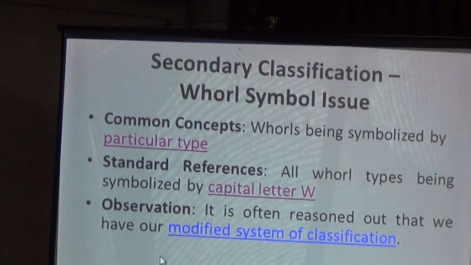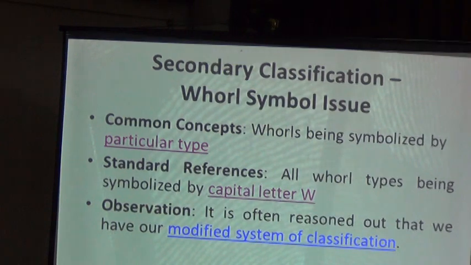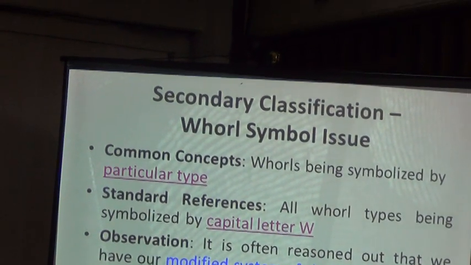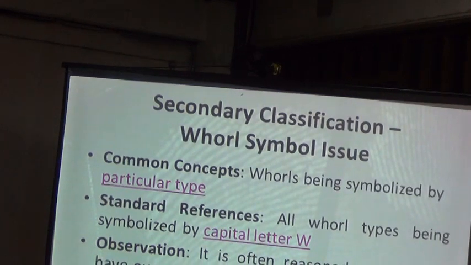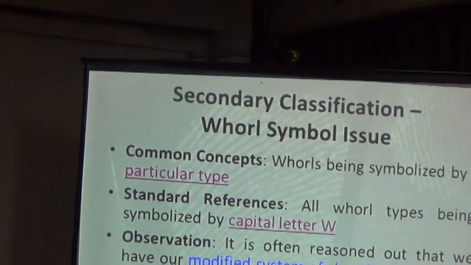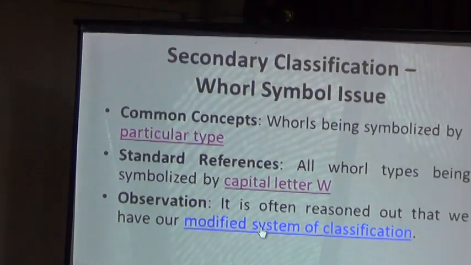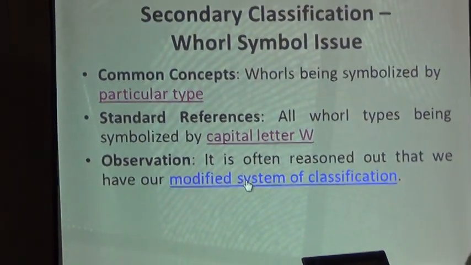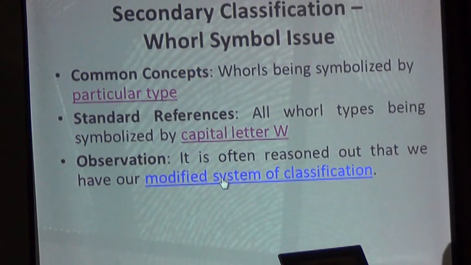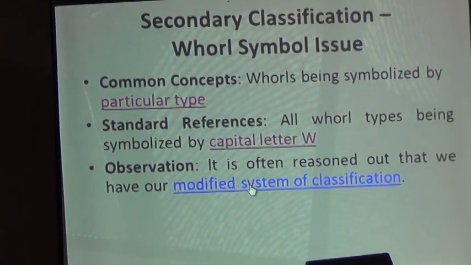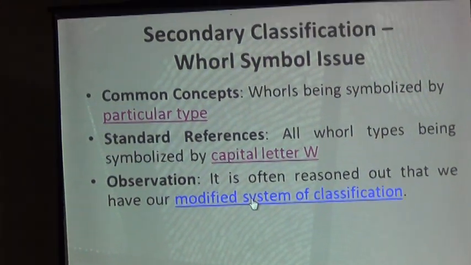We have an observation. It is often reasoned out that we have our modified system of classification. But I also have a question. Is there such a printout or a black and white statement, a manual for example, telling us that there is a modified system of classification?